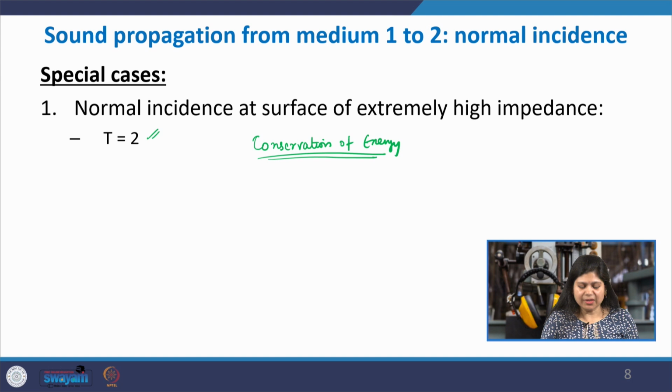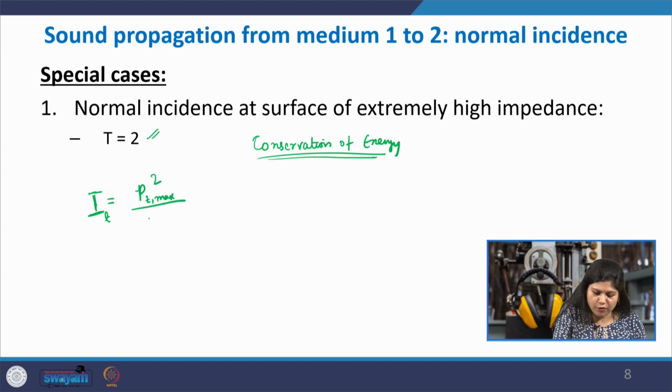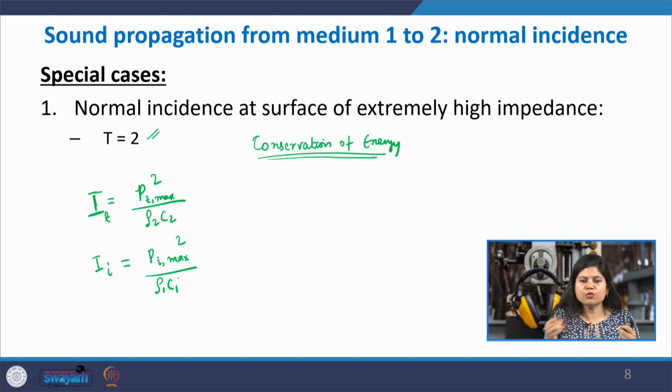Let us find the intensity for these respective waves. The intensity of the transmitted wave comes out to be the amplitude of the transmitted wave whole square divided by rho 2 C2, and the intensity of the incident wave comes out to be the amplitude of the incident wave whole square by rho 1 C1, because we are using this relationship that I is equal to P squared over rho C. Here, rho 2 C2 is much higher in magnitude than rho 1 C1.